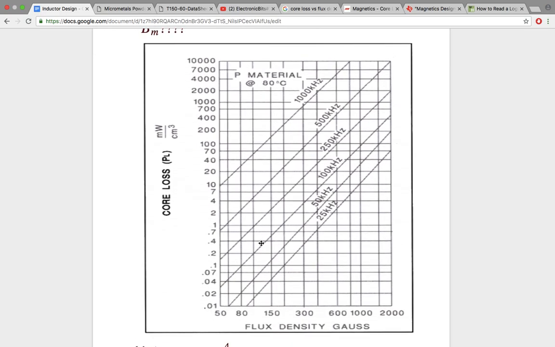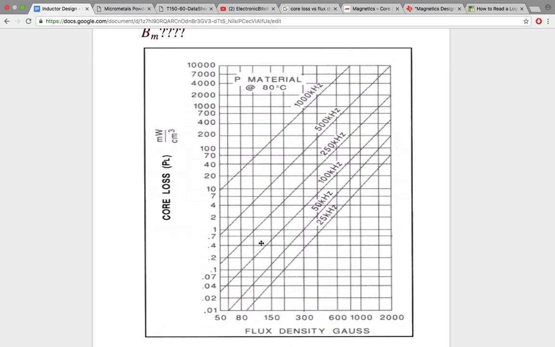So basically we decide the BM depending upon the power losses in the core. This is for ferrite core, like P-type material at 180 degrees Celsius, taken from the magnetics notes they have given. You can see for different frequencies there is a different graph.